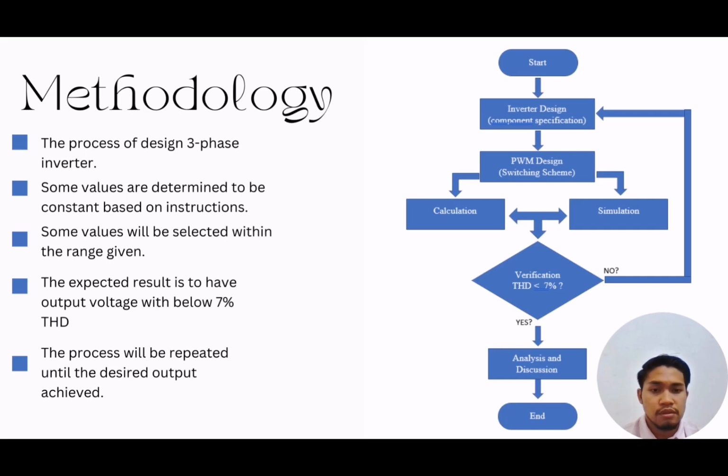So there are two options. If the verification of total harmonic distortion is less than 7%, we will proceed with the analysis and discussion of the result. So we will analyze the output voltage produced by the design itself, and also the design and the component values that affected the result.